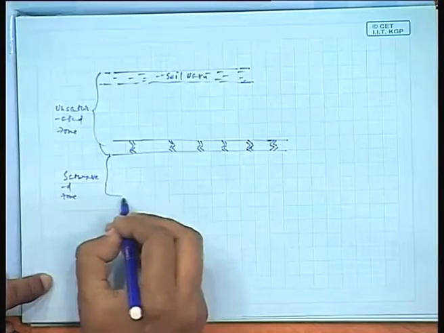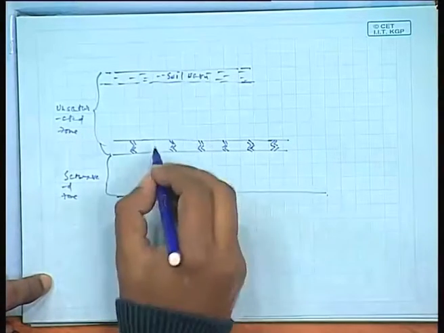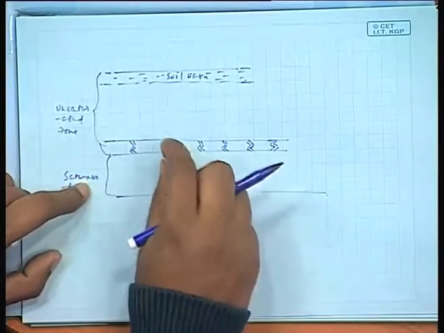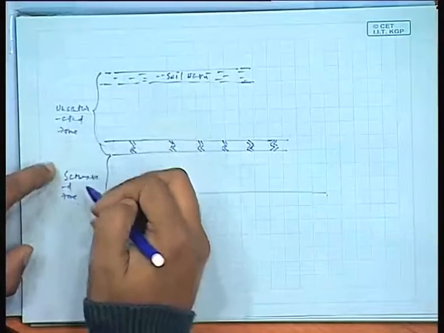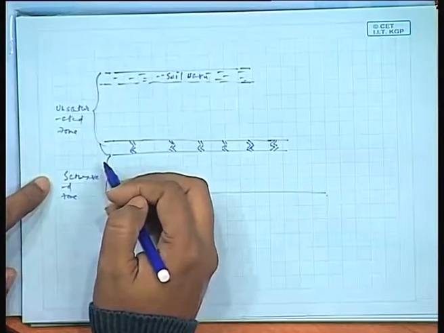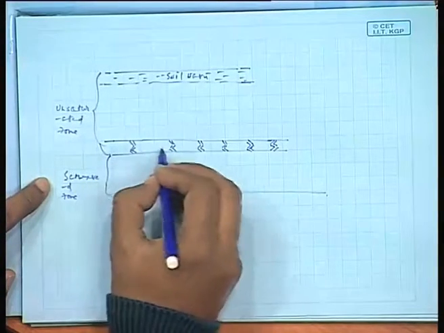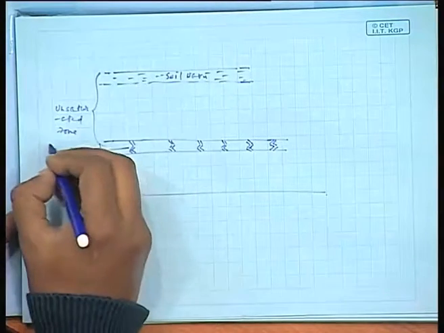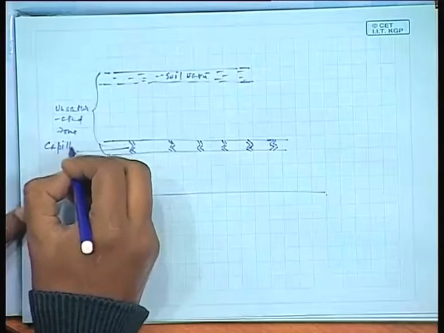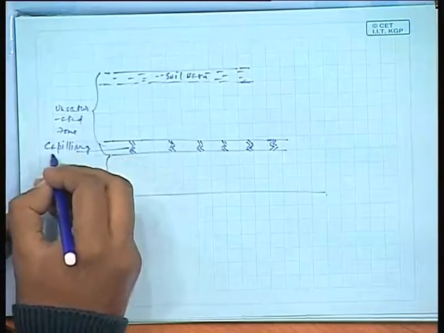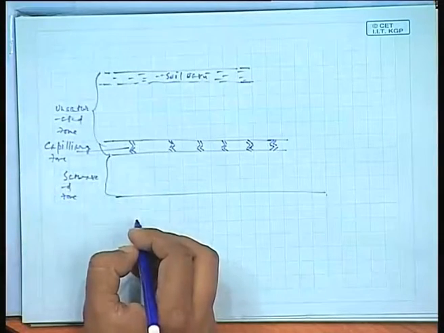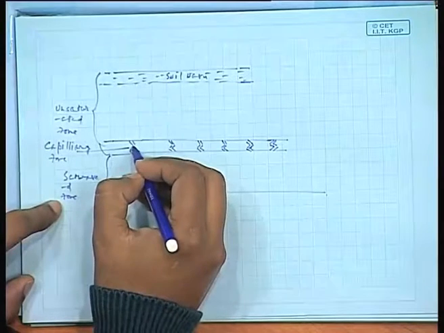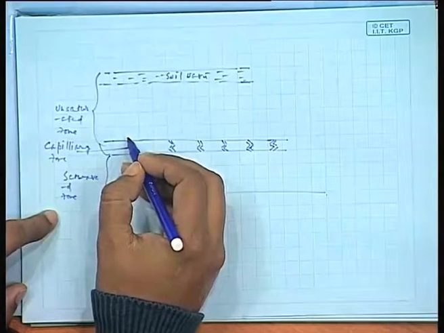Conceptually, there is a zone in between. Is there any line delineating the unsaturated zone and the saturated zone? There is none. In fact, this is basically a capillary zone, where the water from the saturated zone continuously moves in capillaries towards the unsaturated zone.